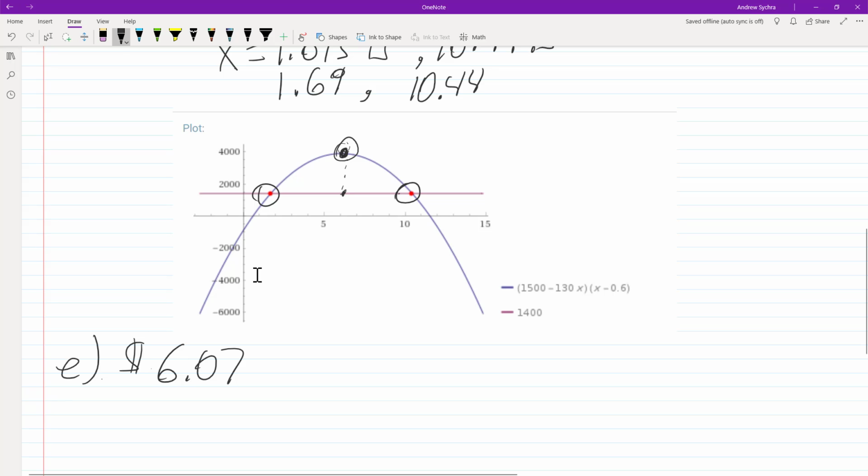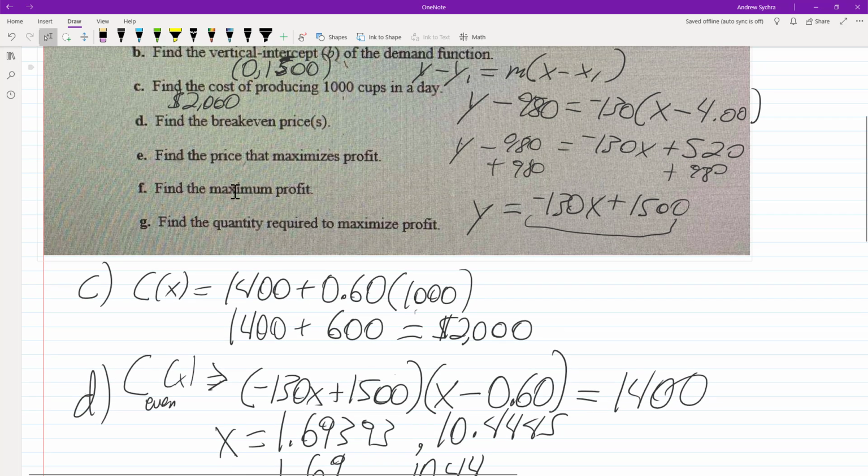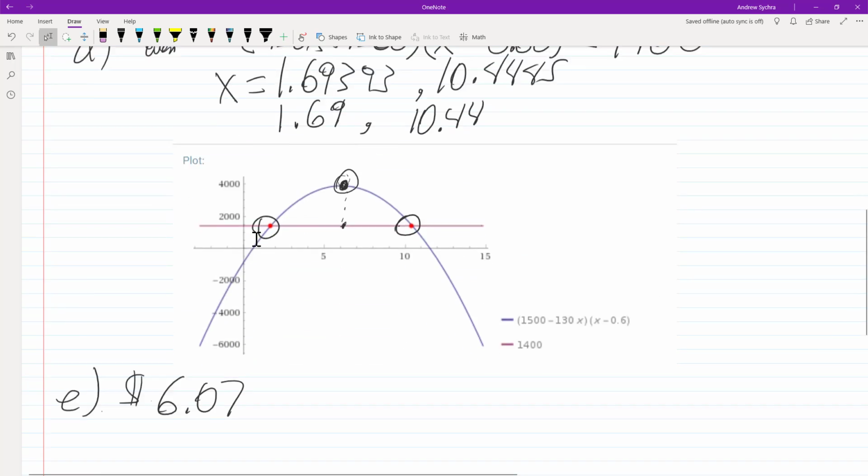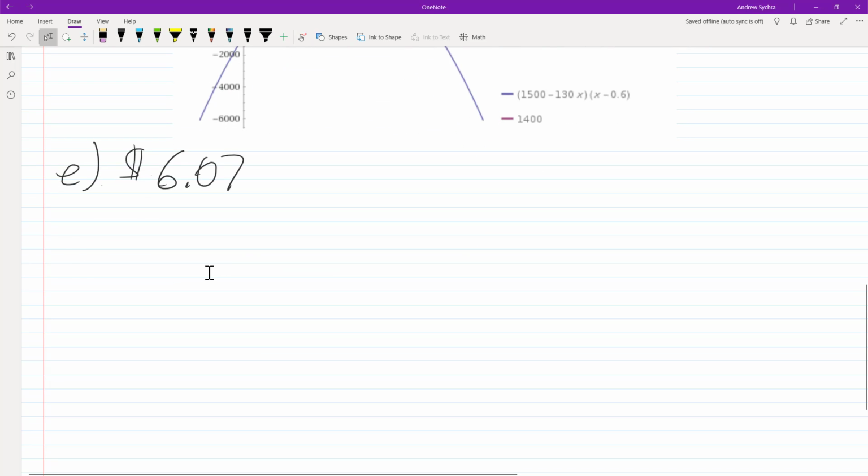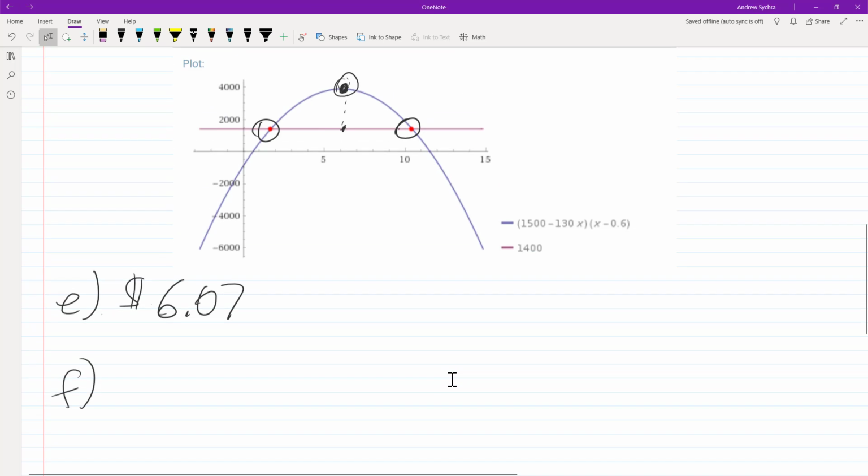Okay, so we want to find the maximum profit. All we're going to do is plug that back into the equation we had.